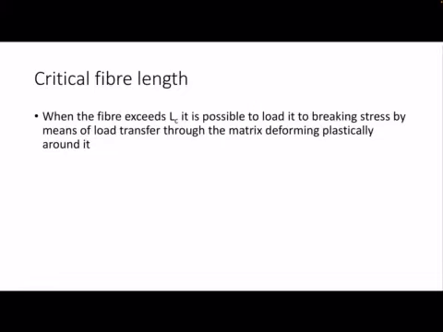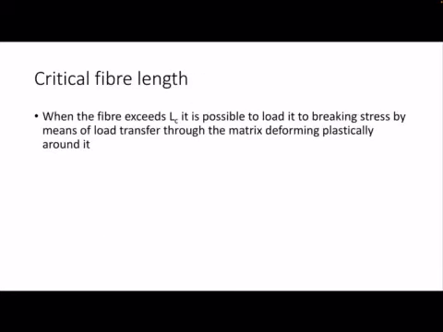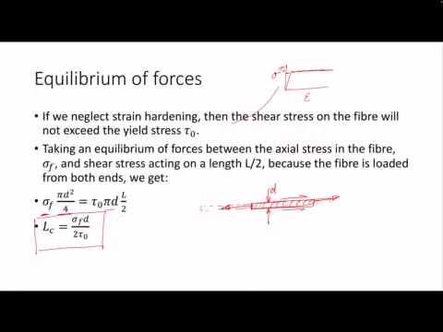So when the fiber exceeds LC, it's possible to load it to breaking stress by means of load transfer through the matrix, deforming it plastically around the fiber. So you want to make sure that you don't exceed LC. That is your critical fiber length. And remember also that that will be your yield stress, tau 0.